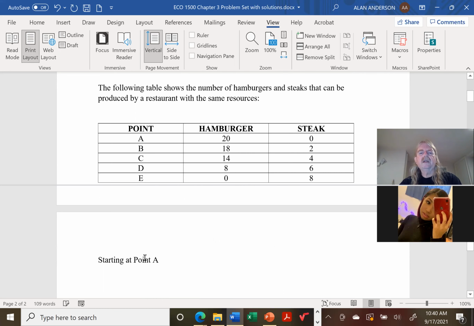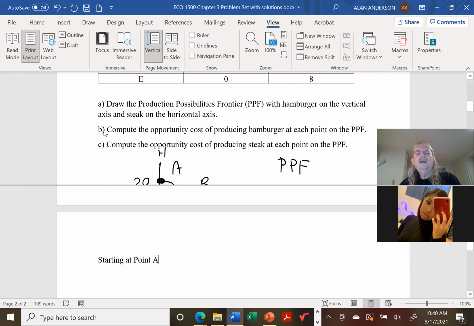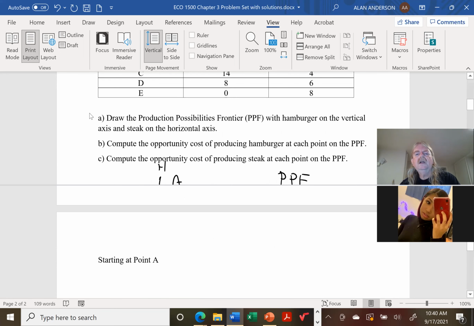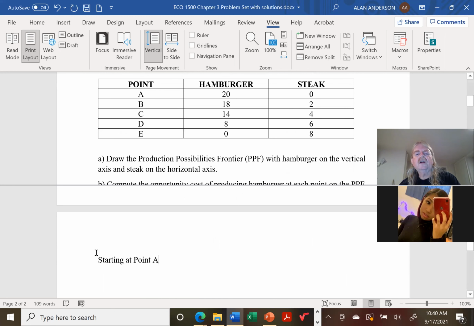Now, by the way, I just realized they want the opportunity cost of producing hamburger. So that means we really need to start at the bottom right-hand corner, because we want to start where there's no hamburger at all.